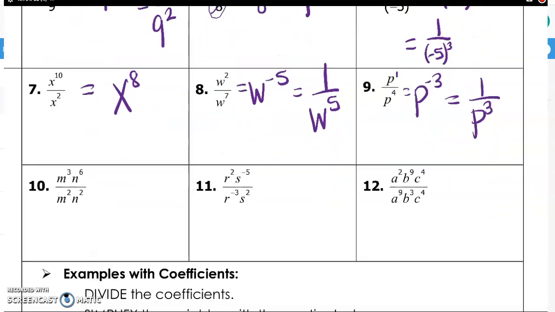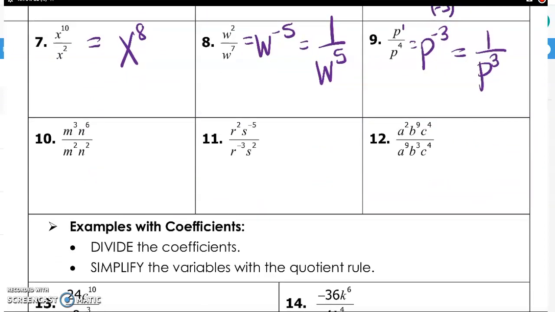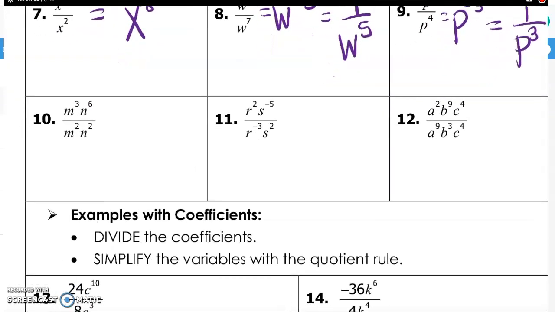When you have more than 1, you just do each one separately. So when we look at number 10, first we have m. 3 minus 2 is 1. Again, you don't need to put the 1, but you can if you want. n to the 4th. So that's all your answer needs to look like.